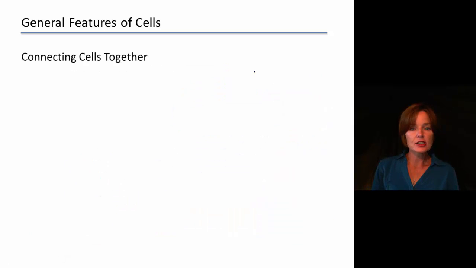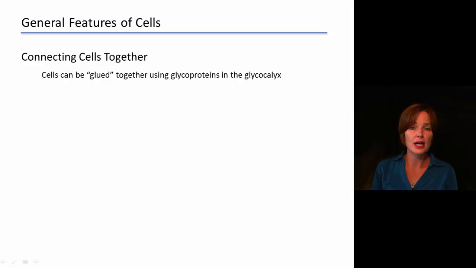If we talk about how the cells are going to actually be held together, because humans are made up of lots of cells, and those cells are making up our tissues and our organs. Well, one way that the cells are going to be held together is they can be held together by a type of glue. And that glue is going to use glycoproteins, sugary proteins on the outside. Those proteins are part of what we call the glycocalyx, and it's just going to kind of hold the different cells together.